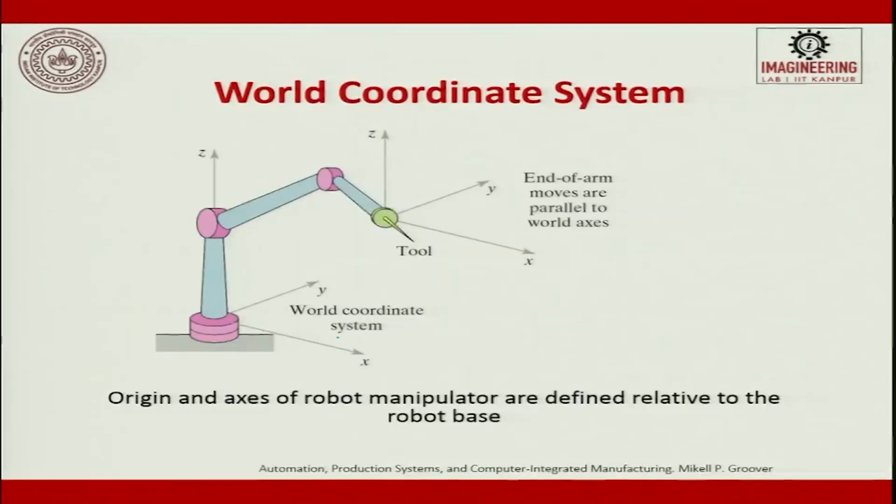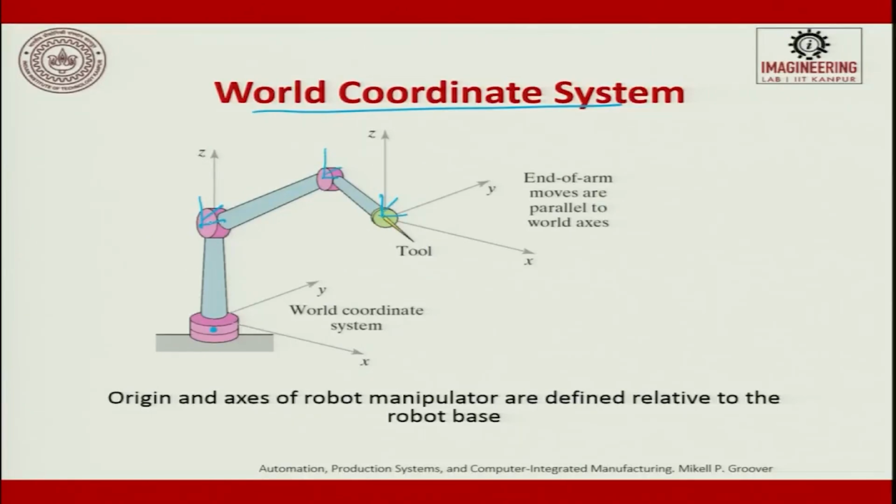When we talk about a robot, there are two types of coordinate system. One is called the world coordinate system, the other is called the user coordinate system. This is the world coordinate system with origin 0, 0, and at every joint you will have a user coordinate system, and for a tool also you will have a user coordinate system.